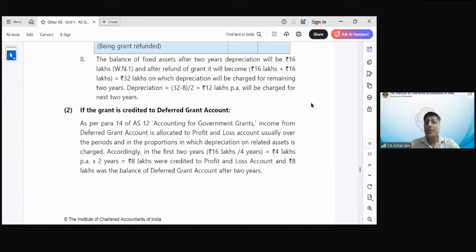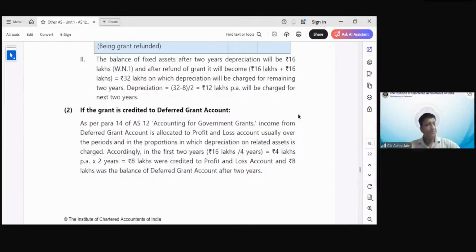Charandeep says 4 years. Right? Over 4 years, when you amortize this, that means 8 lakhs would have been amortized. This would have been recorded as income. After 2 years, balance of deferred grant would have been 8 lakhs. Correct?